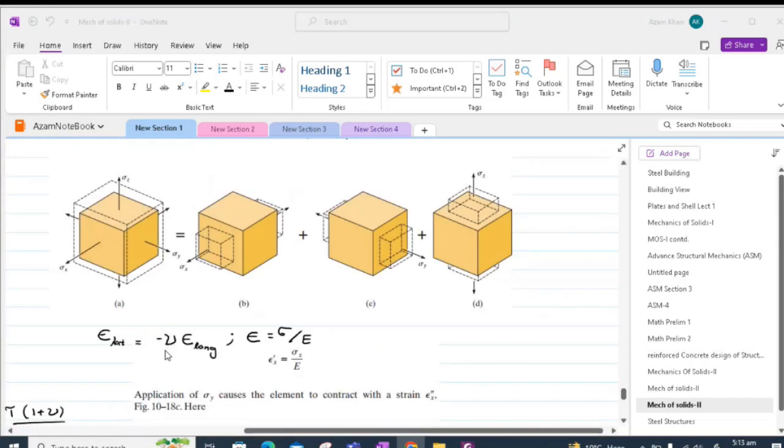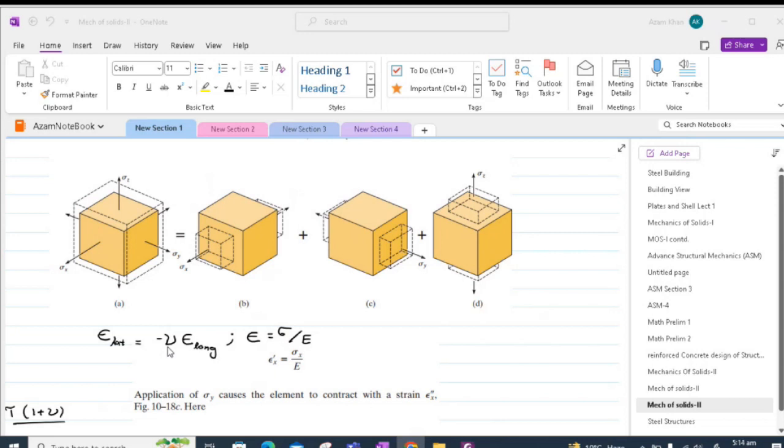The Poisson ratio, which is denoted by nu, is a measure of relative deformation that occurs when a material is subjected to stresses. It describes the ratio of transverse strain to axial strain when the material is stretched or compressed.